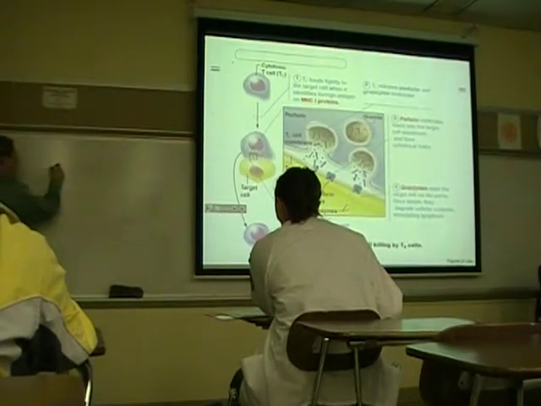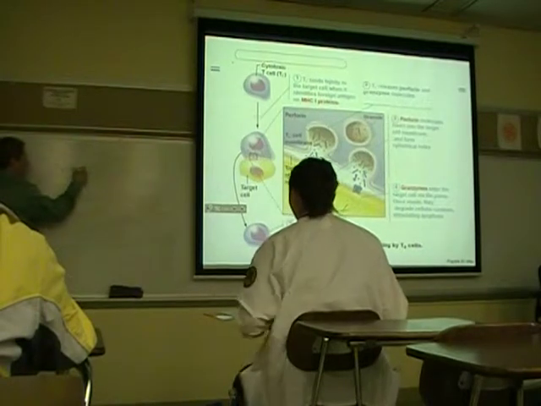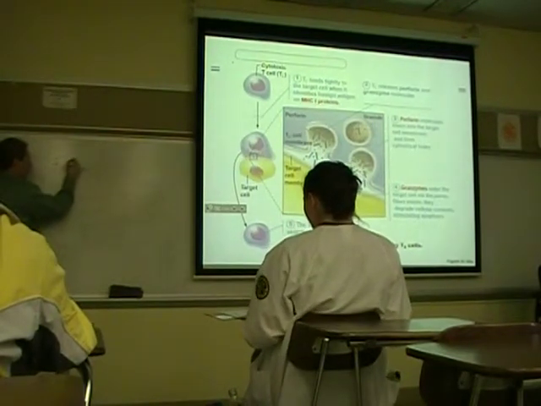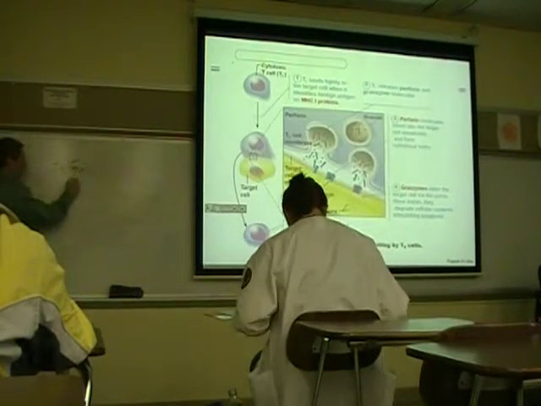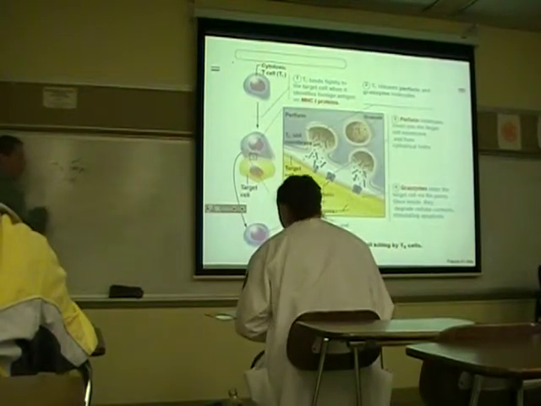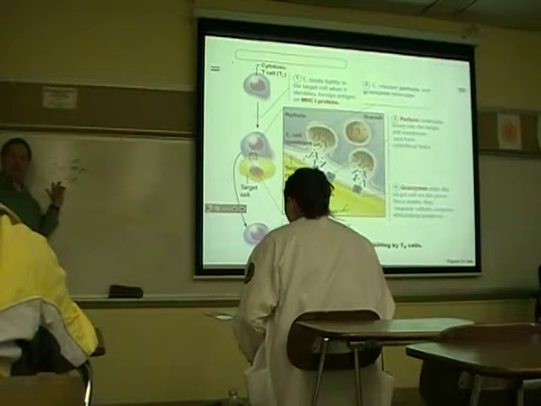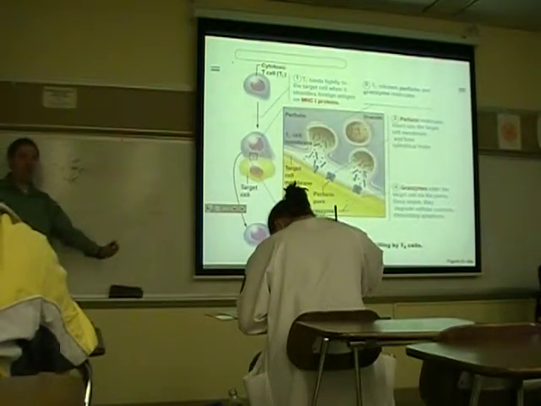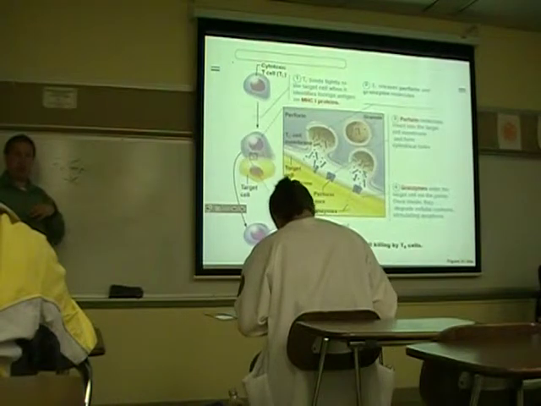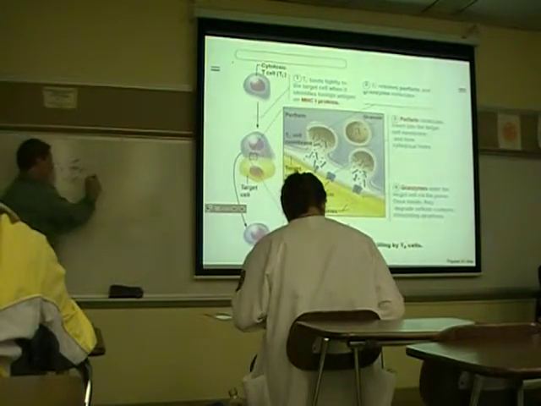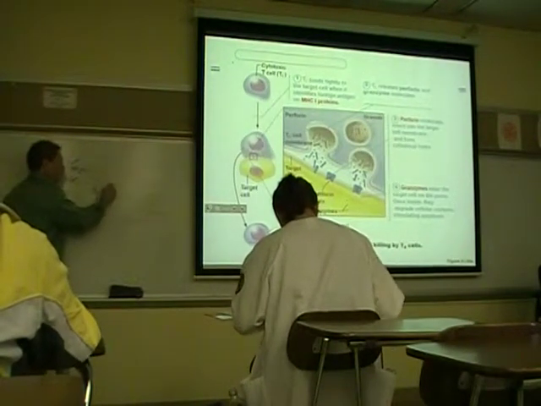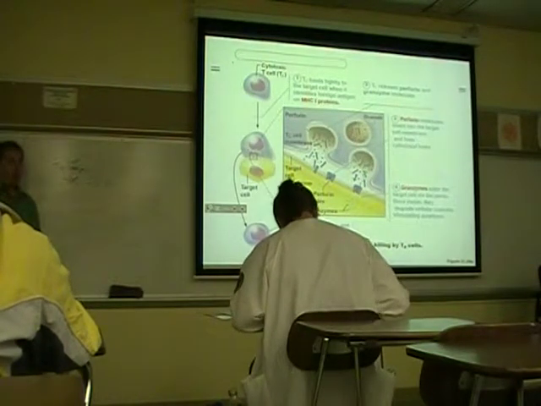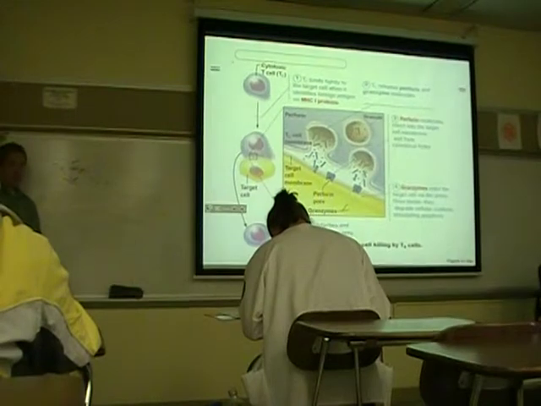And so we take this T4 helper cell and we get rid of it. Now, what happens? No more interleukin-2, no more proliferation or differentiation of T or B cells, because this cytokine, interleukin-2, is necessary for B and T cell proliferation.